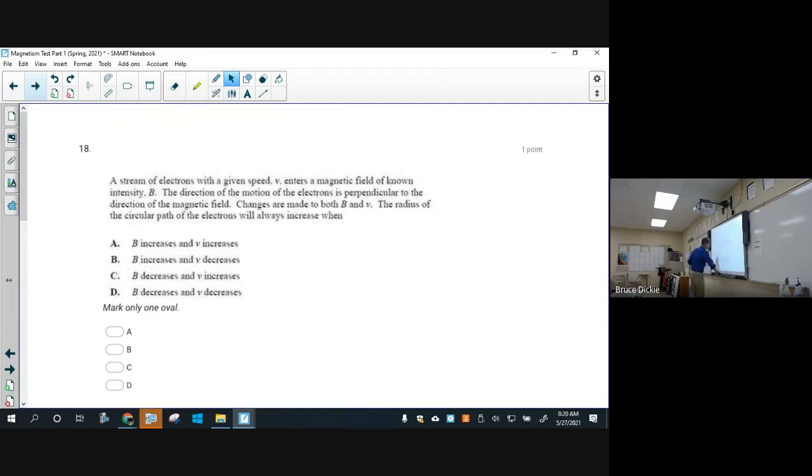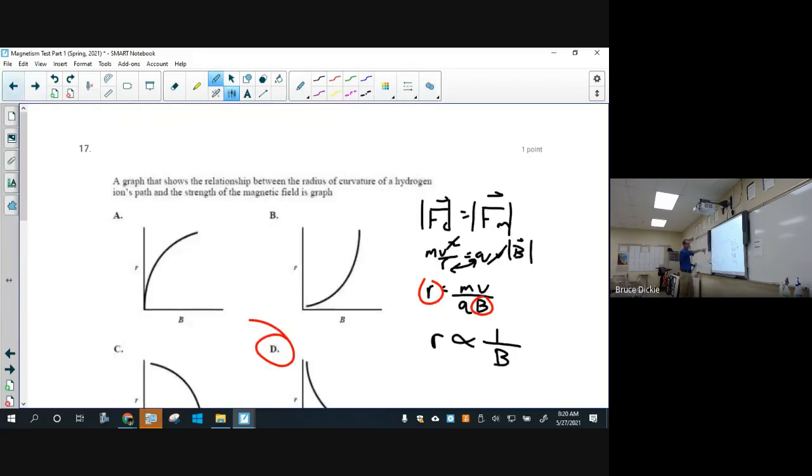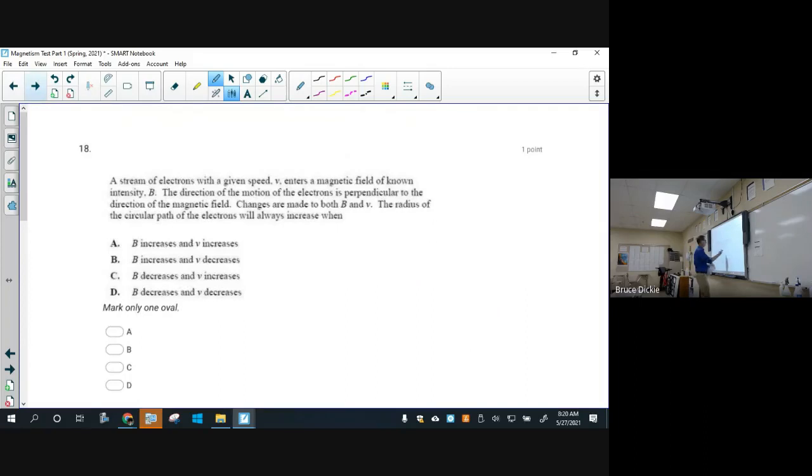And that equation, once again, is the same one that we just derived. R is equal to mv over qB, which comes from FC is equal to FM. The centripetal force is equal to the magnetic force. Now, when is R going to increase? R is going to increase if m increases, or if v increases, or if q decreases, or if B decreases.